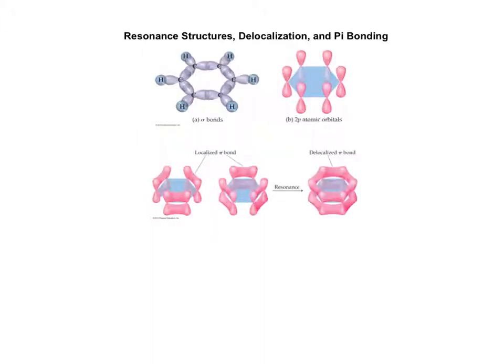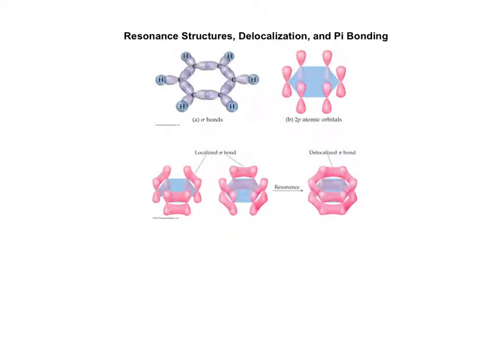Okay, the last thing we're going to talk about is resonance structures and how that affects something called delocalization. So here we have our same carbon with sp2 hybridization, which means we've got some 2p orbitals sticking up. So this is like a benzene ring. When these guys bond, we've got our double bonds, and those could be considered localized because they are bound to specific orbitals, specific carbons.